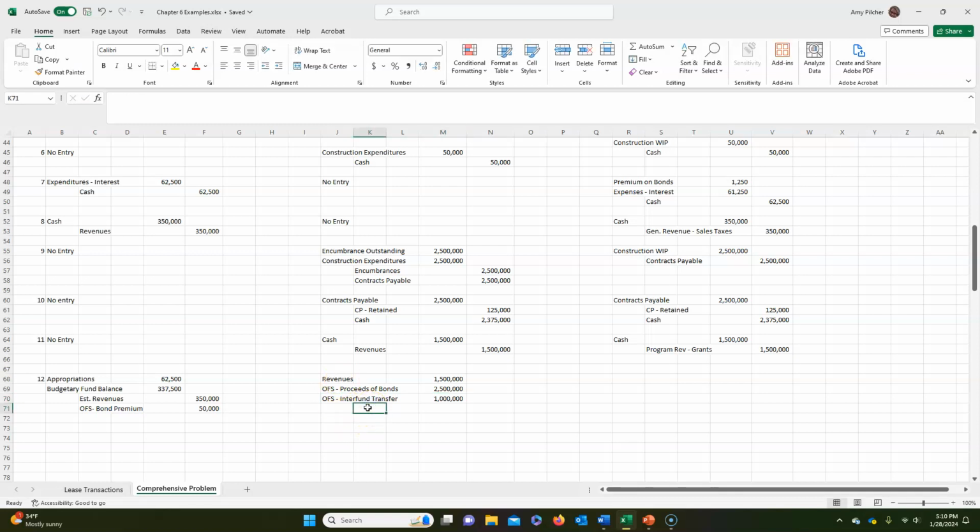Okay, now we have construction expenditures totaling $2,750,000. One too many zeros there. We're putting $1 million in fund balance assigned.